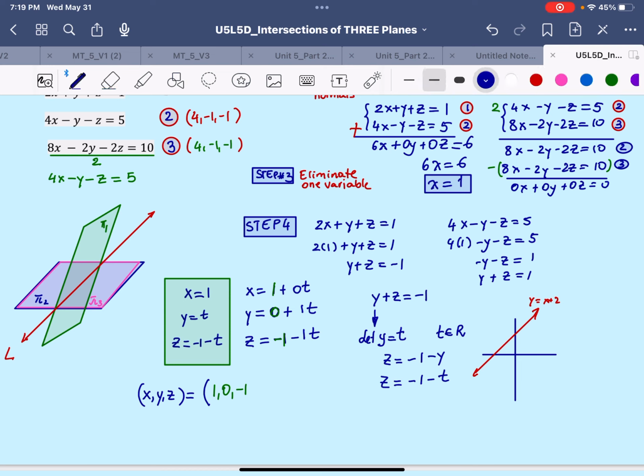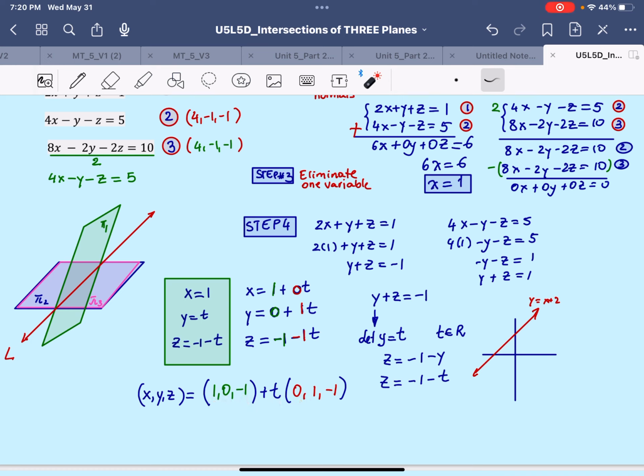The coefficients of t in each parametric equation will be the coordinates of the direction vector of the line, so 0, 1, and negative 1. Therefore, the common line of intersection will be 1, 0, negative 1 plus t times 0, 1, negative 1.